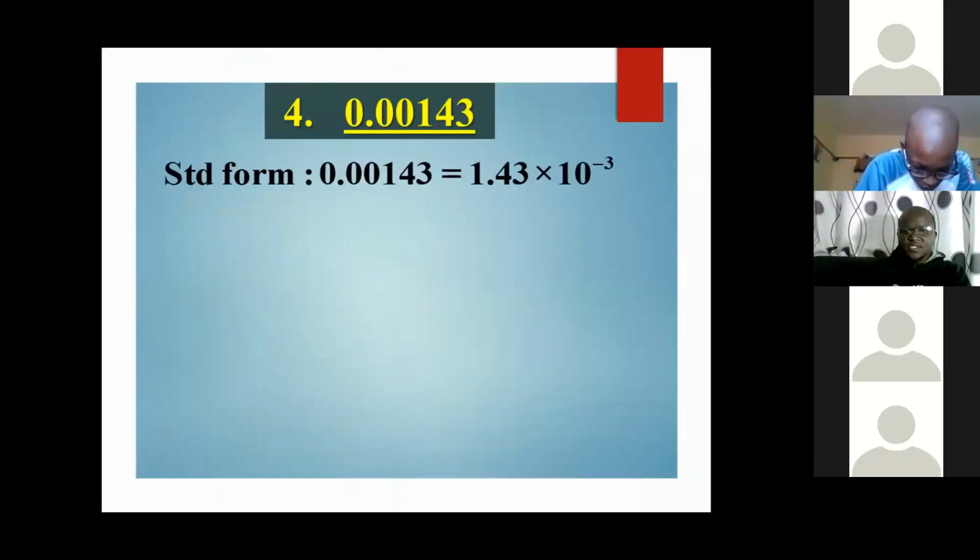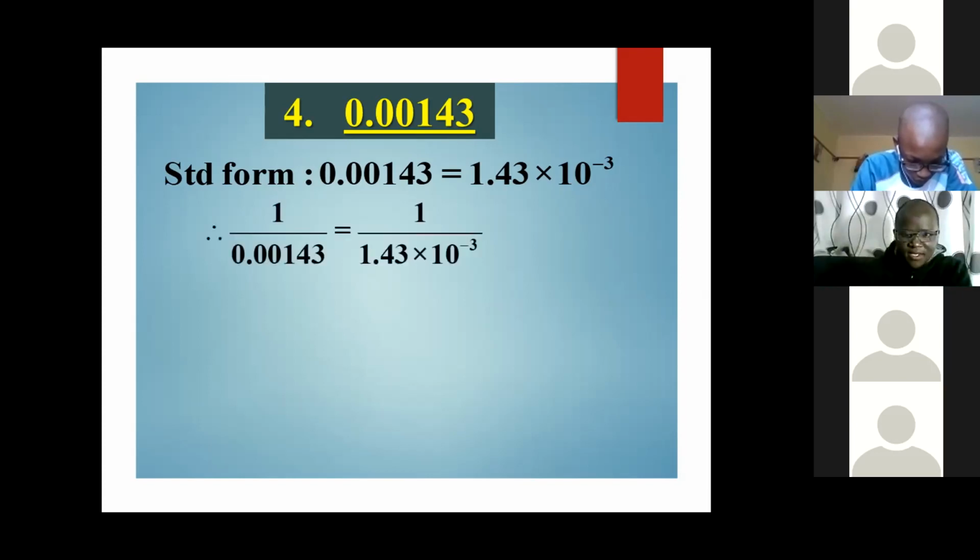So that is it, 0.0143. That is what I ought to have given you. Sorry for that. So it will be 1.43 times 10 raised to power negative 3. We are okay? Yes. Then just a rewriting of the 0.00143. You are now versed with that.